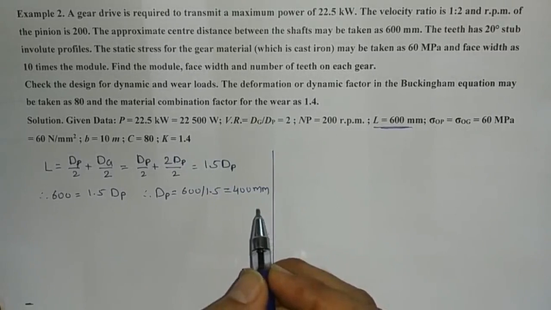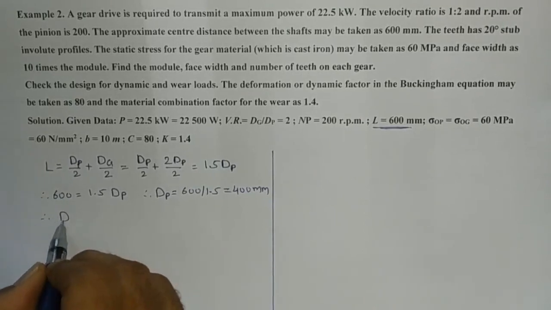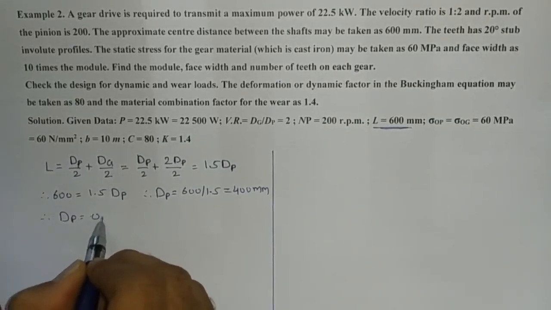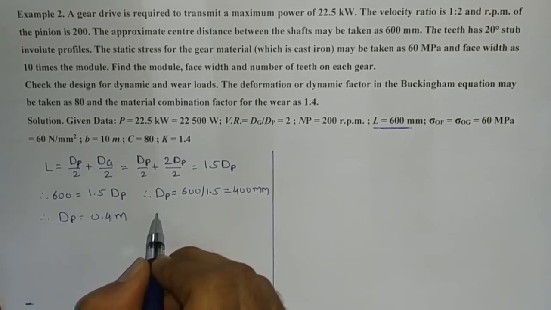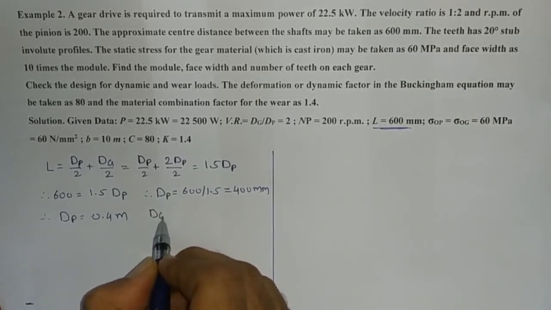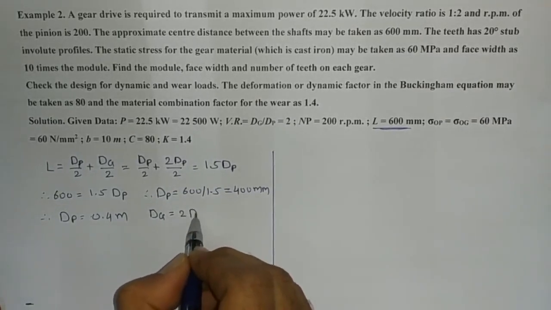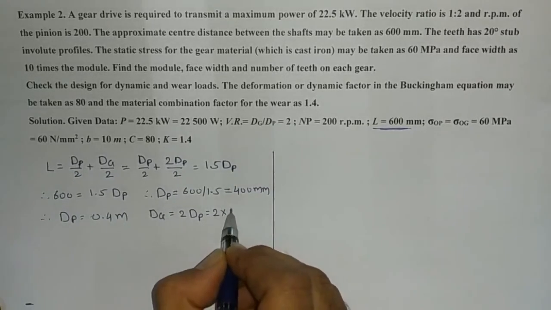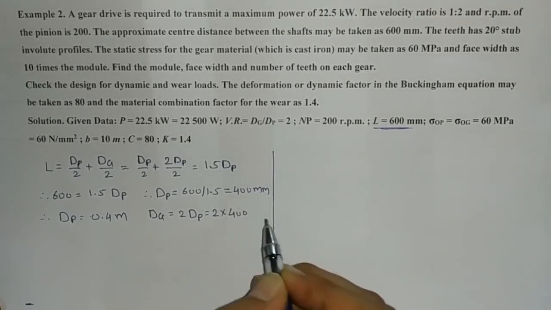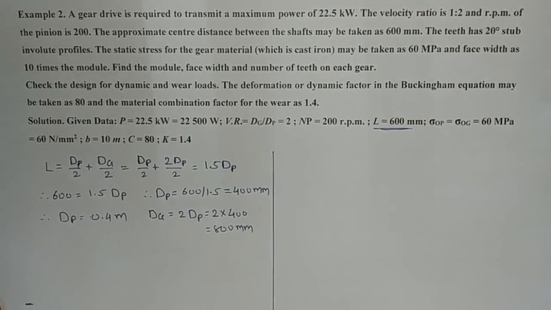So pitch circle diameter for the pinion is 400 mm, therefore dp is equal to 0.4 meter. Now dg, the pitch circle diameter of gear: dg is equal to 2 dp, so 2 into 400 is equal to 800 mm.